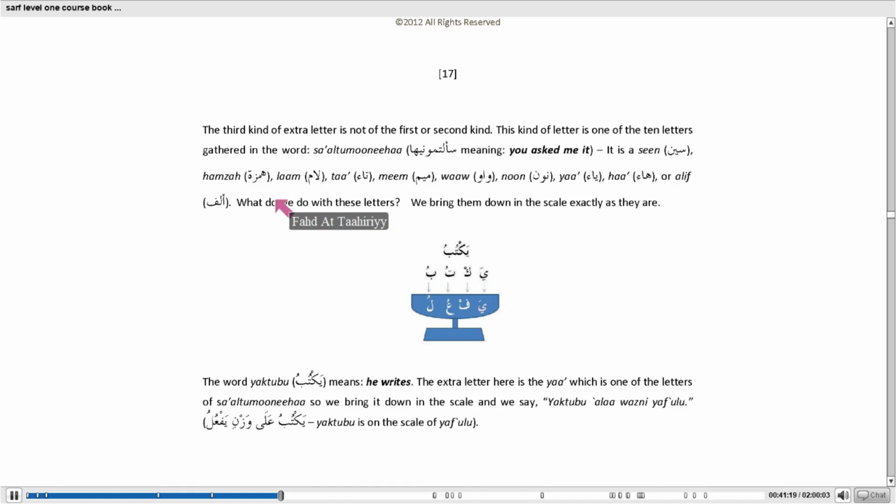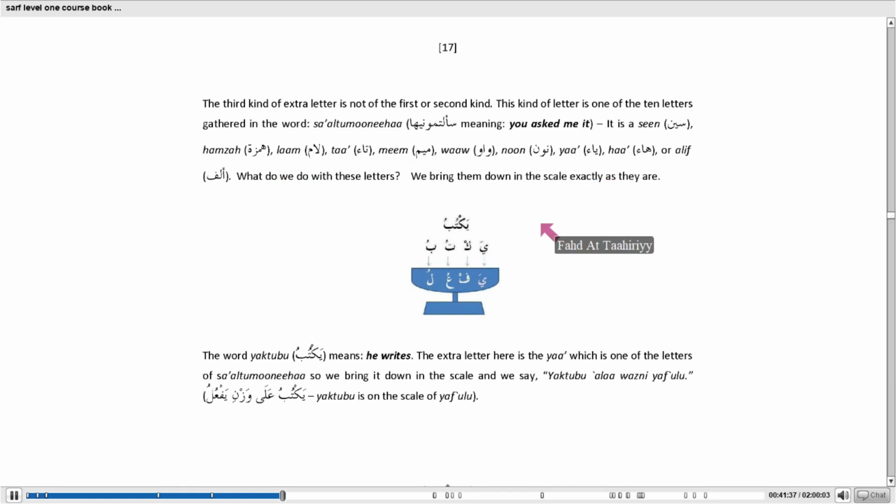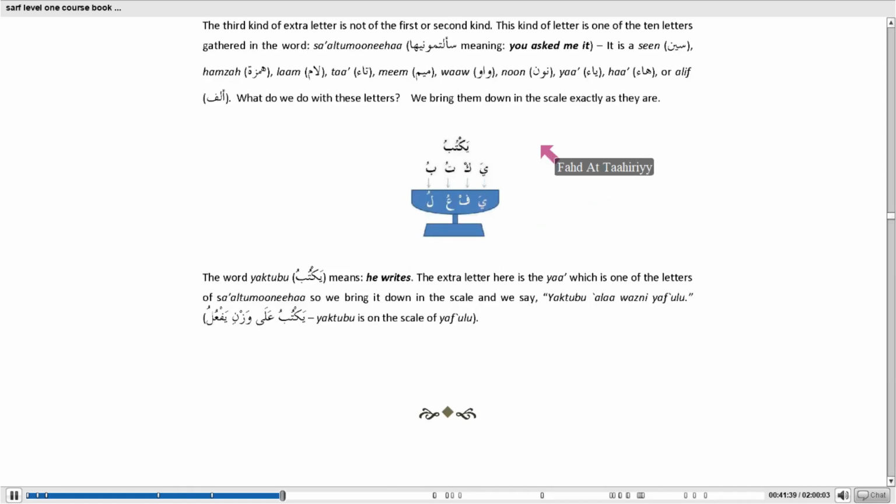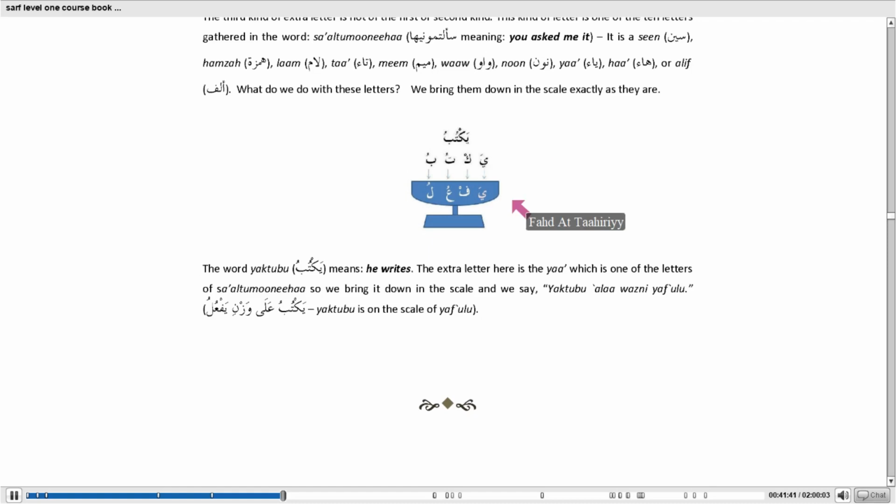Now, when we come across such letters, which are considered none of the first two types, what do we do in this case? We bring them down in the scale exactly as they are. Okay?